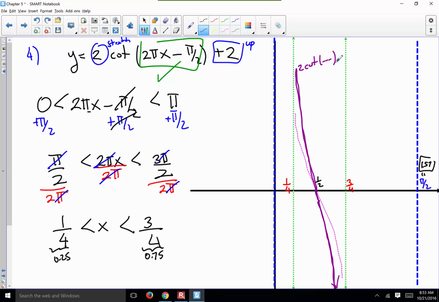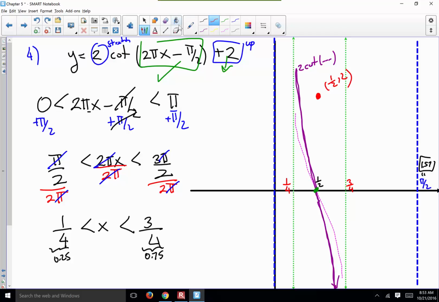Now what is next? I will move this thing up 2 units. This is a good reference point. I'm going to move it up to 2, and it's going to be really up there. And this point will now be 1/2 comma 2.